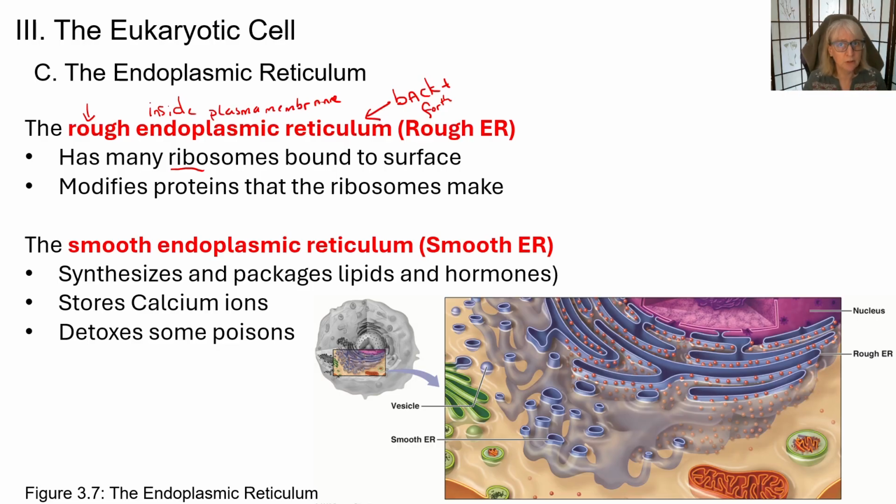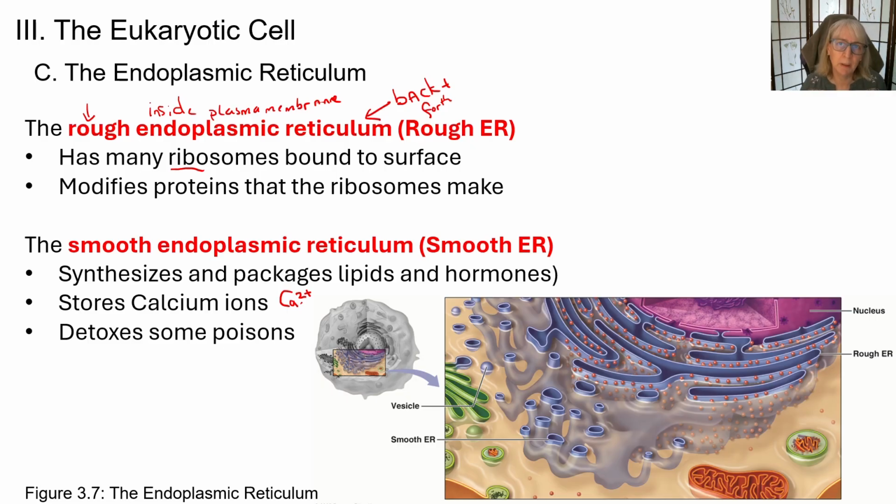Hormones are also built on a cholesterol or fatty lipid structure. It stores calcium ions, Ca2+. These are ions, charged atoms that we're going to use for things like signaling in the body as well as muscle contractions. And it actually takes some poisons and detoxifies them.